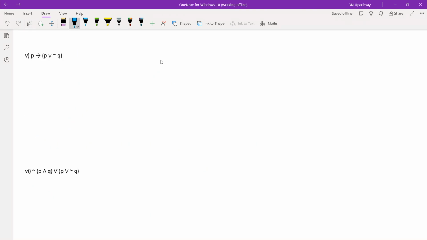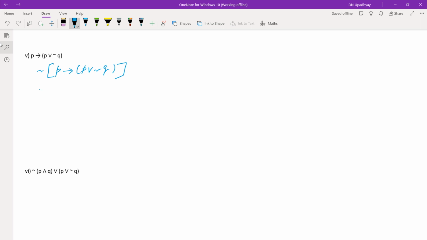Okay, look at question number 5. In this question, first of all, we have to again use the same logic: negation of, then P if and then P or negation Q within bracket. So again, see, negation of if and then, so that will be negation of implication, right?